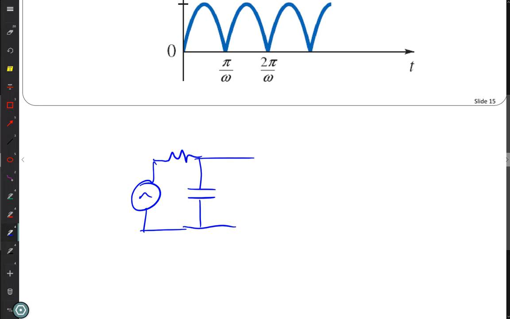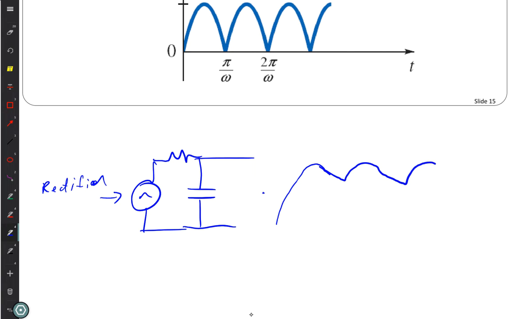So it doesn't have to have the same voltage as your power supply. And you will get out of this, if it's rectified, something that looks like, so we start at 0, come up, something like that.